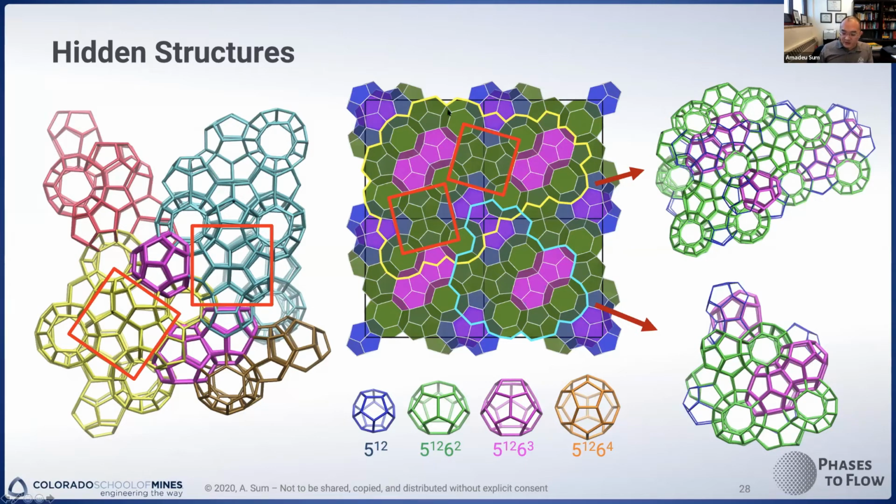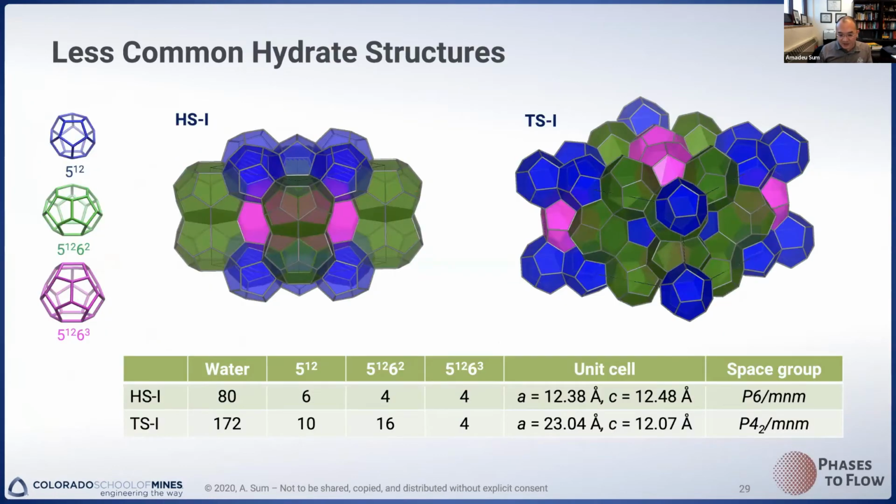And there's a very large domain of it that we find in the simulations. And this is actually a well-known hydrate structure, not as common, that is known as the TS, tetragonal structure one. And there's a corresponding similar structure that is known as the HS for the hexagonal structure one.